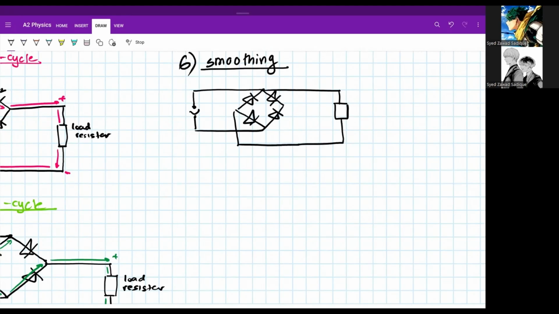Now, this is the load resistor. What they did was they added a capacitor parallel to the load resistor for charging and discharging.